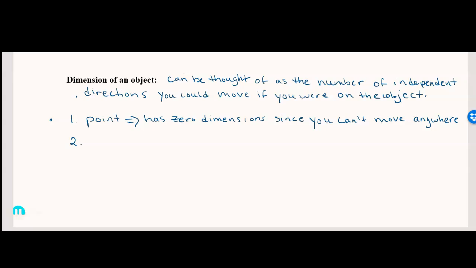Now let's go up another one. How about a line? Well, in that case, this would be 1-dimensional, and that's because with the line, you can move forward or backward in one direction.